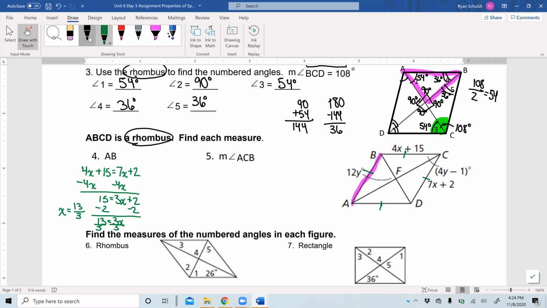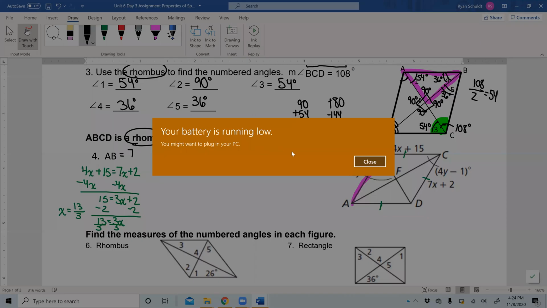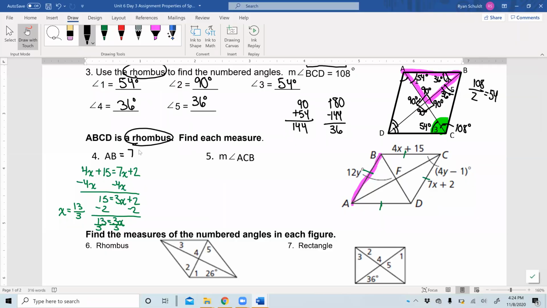So now we can go back and plug it in to one of them. It doesn't matter which one, just plug into one. I'm going to do the 7X plus 2. So 7 times 13 over 3 plus 2. That's going to give us 97 over 3, which is approximately 32.3. I'll take either of those answers.